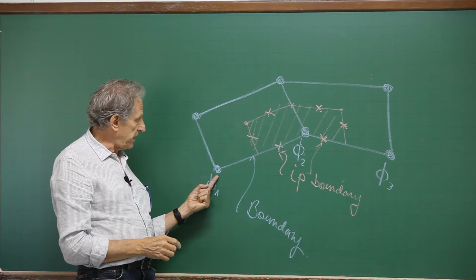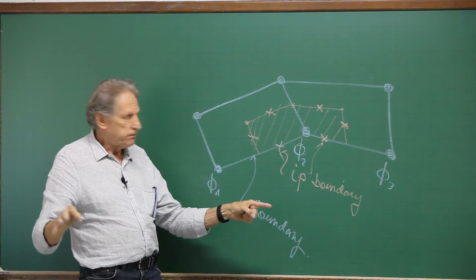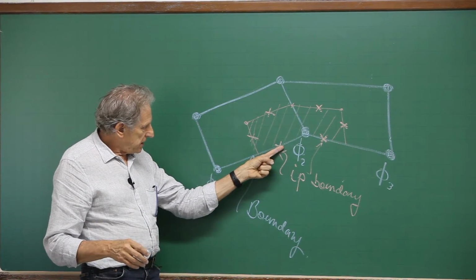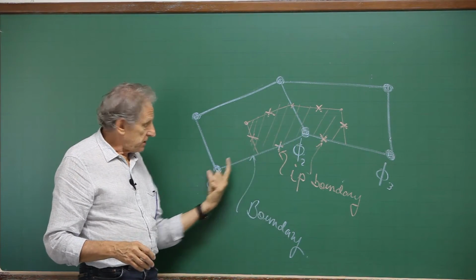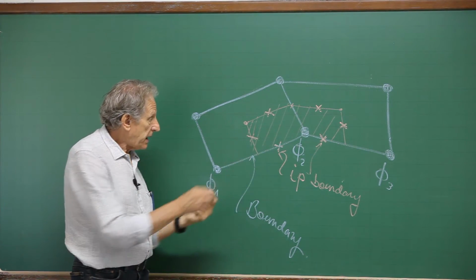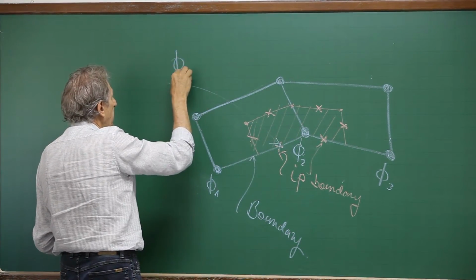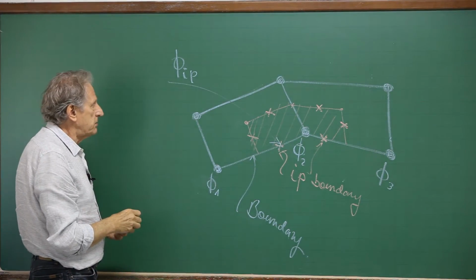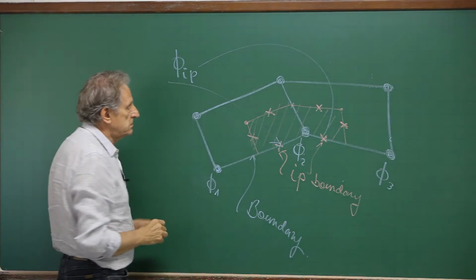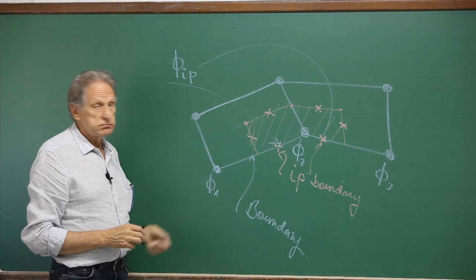Because if I know the phi here and the phi there, the most simple thing that I can do is just to say this part here is 1/4 of this. And then I can find the phi here. I know also. I can find the phi at the integration point, at the boundary, and here also, based on these two.